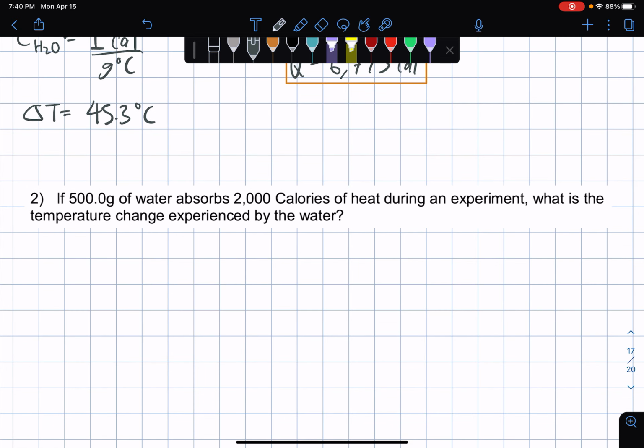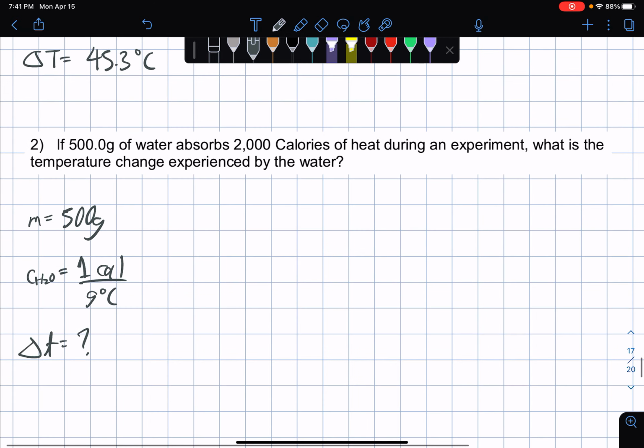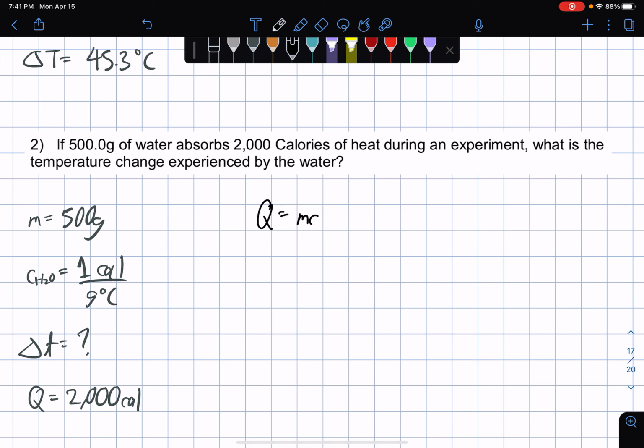Okay, so you have 500 grams of water. Again, water, so we'll list the specific heat as well as its mass, which is already stated. During the experiment, what is the temperature change experienced by the water? This time we're given the energy value, which is 2,000 calories. Let's bring out the formula again.